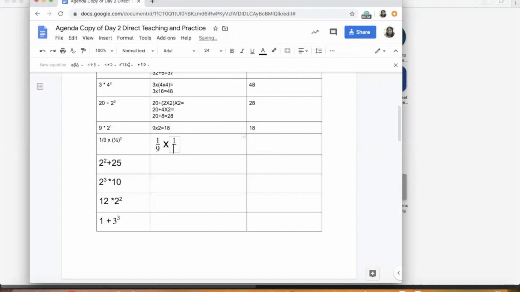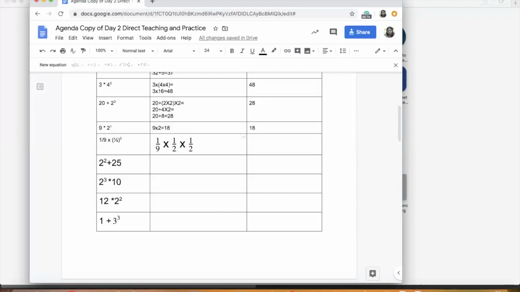So we're going to backtrack, and we're going to replace that 9 with a 2, and I now have 1/2. This is why I love technology and I love Google Docs. I'm going to highlight the 1/2 and hit Command C, which means copy. Then I'm going to put another times sign and hit Command V, or Control V, and I'll have another 1/2.